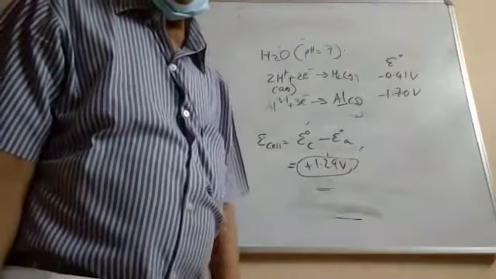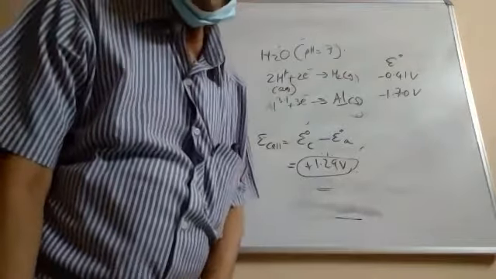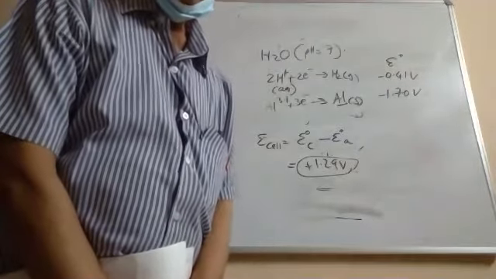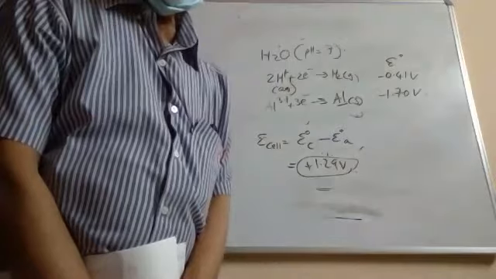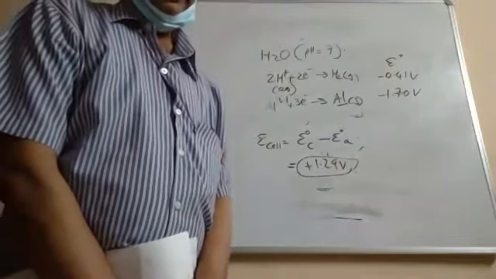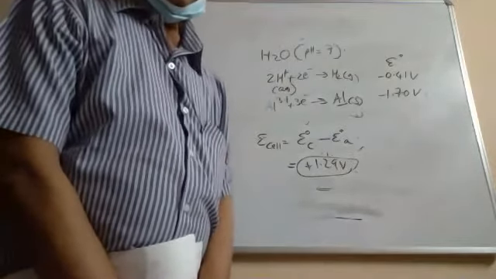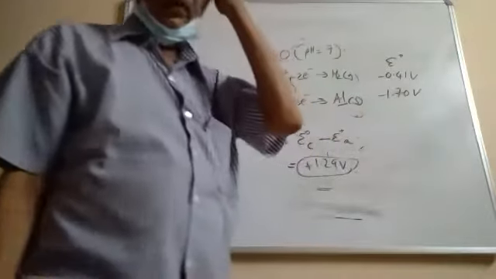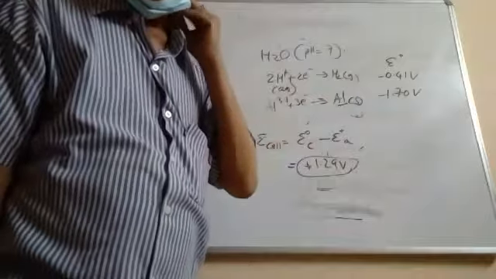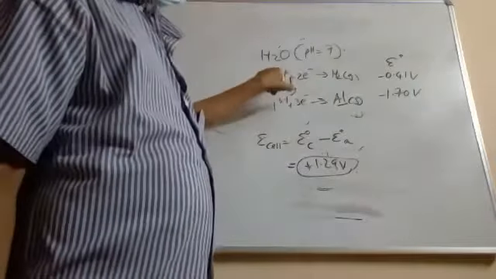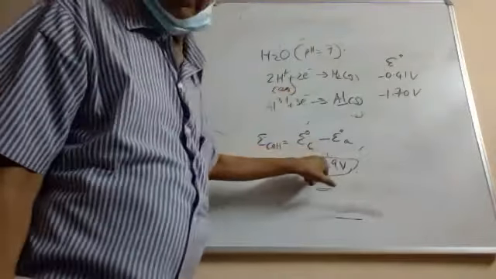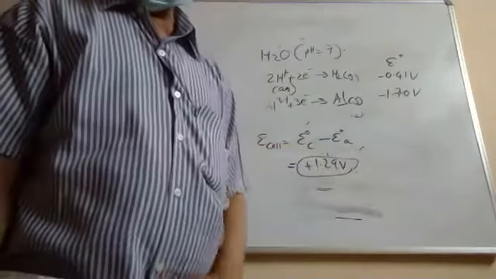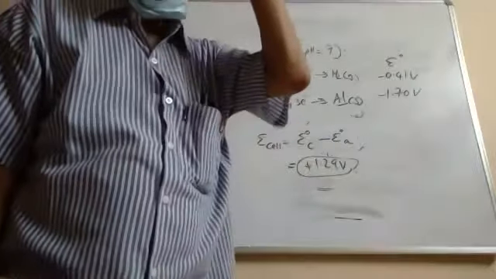Does it spontaneously and violently react with water? This is where we're going to be careful. Thermodynamics tells you that aluminum should not survive in water because the oxidation of aluminum by water has a positive cell potential, which means aluminum is not stable in water. But then our experience tells us that aluminum is really stable.